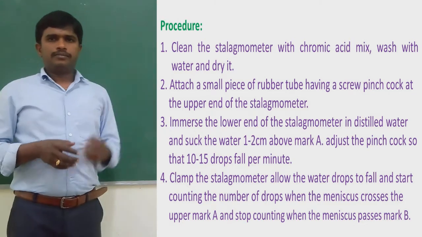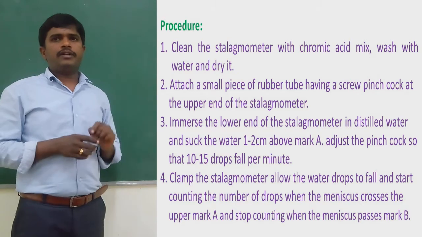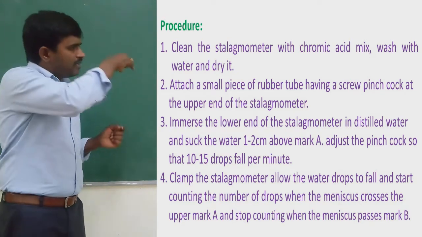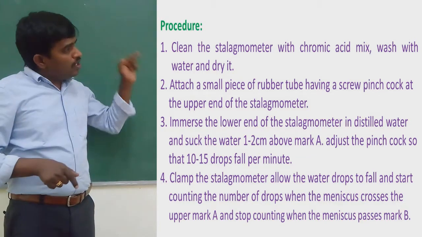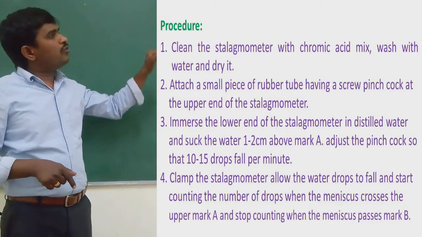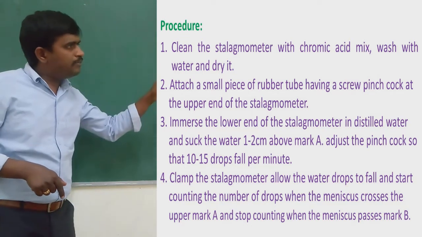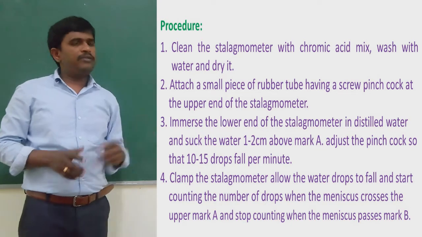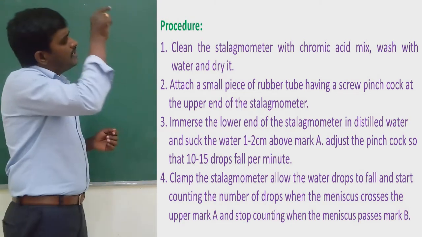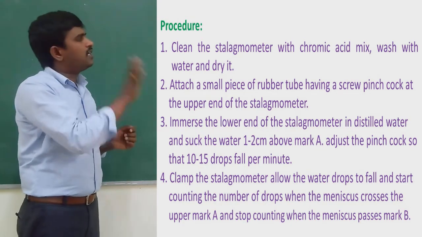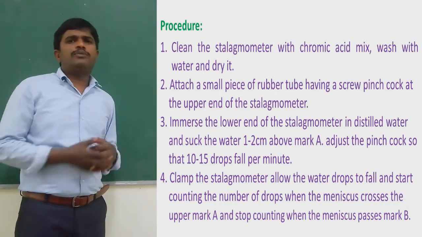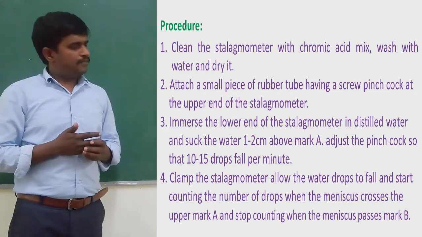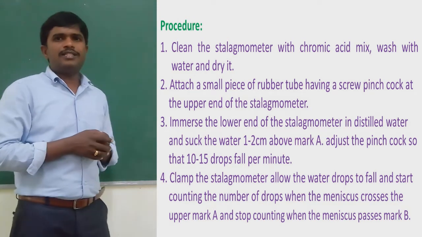Immerse the lower end of the stalagmometer in distilled water first and suck water 1 to 2 centimeters above mark A. Mark A means above the bulb, as we have seen in the previous slide. Adjust the pinch cock so that 10 to 15 drops fall per minute. This is the initial adjustment.